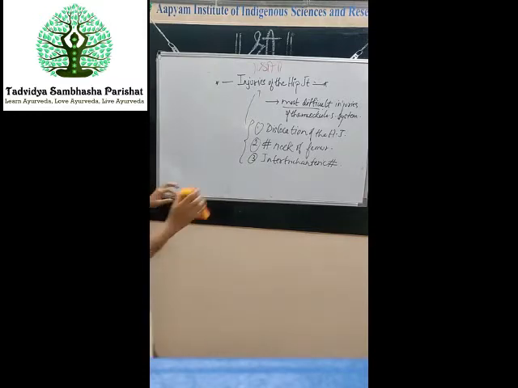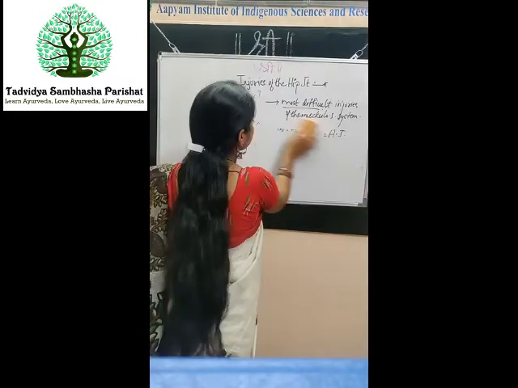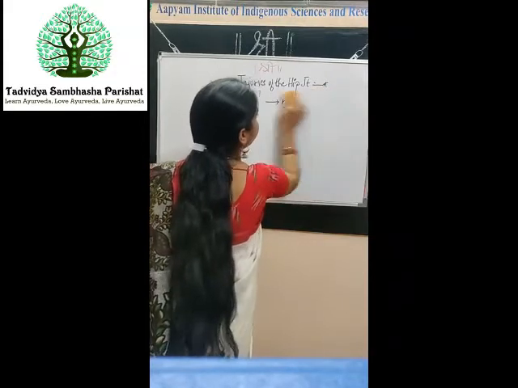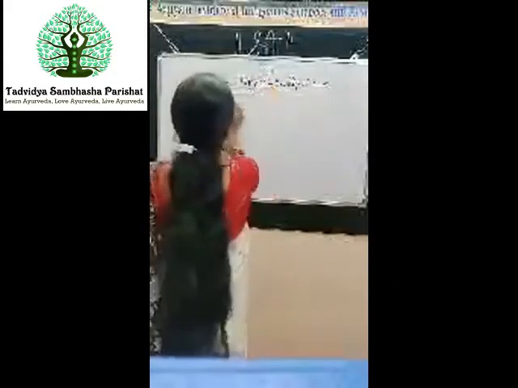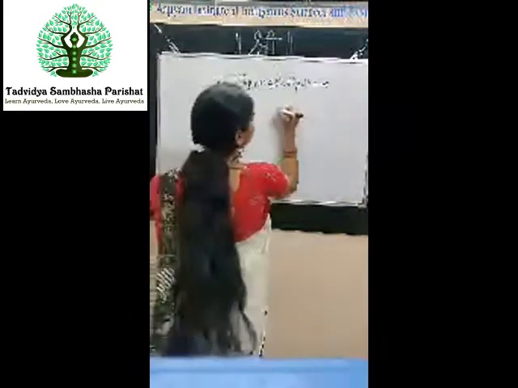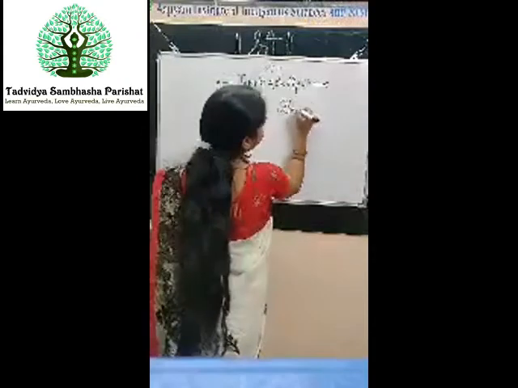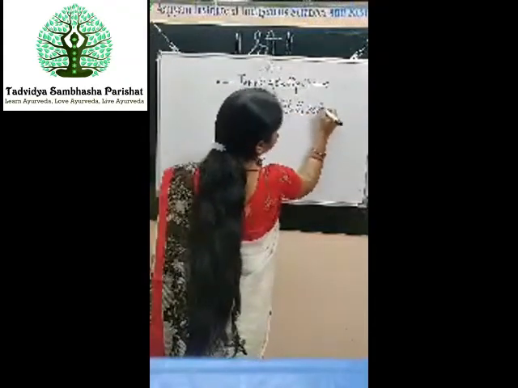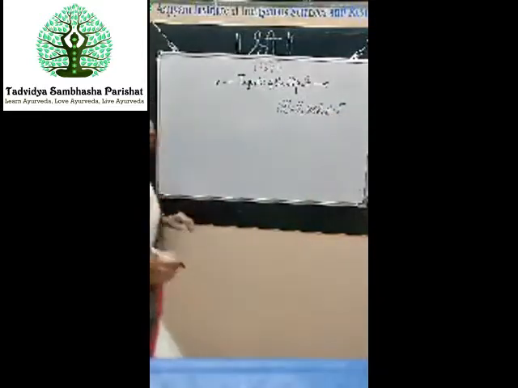Now moving to dislocation proper, we will just brush up the relevant anatomy for the hip joint. First thing, we know that the hip joint is a ball and socket joint.